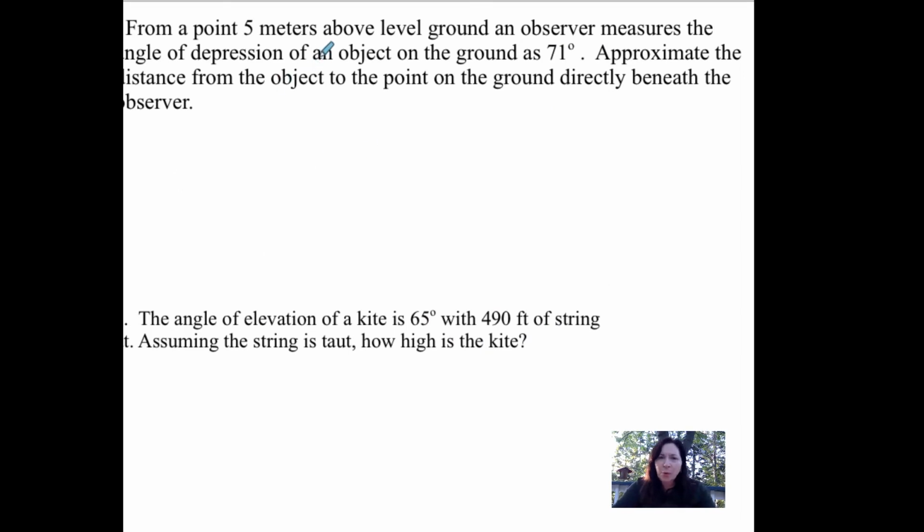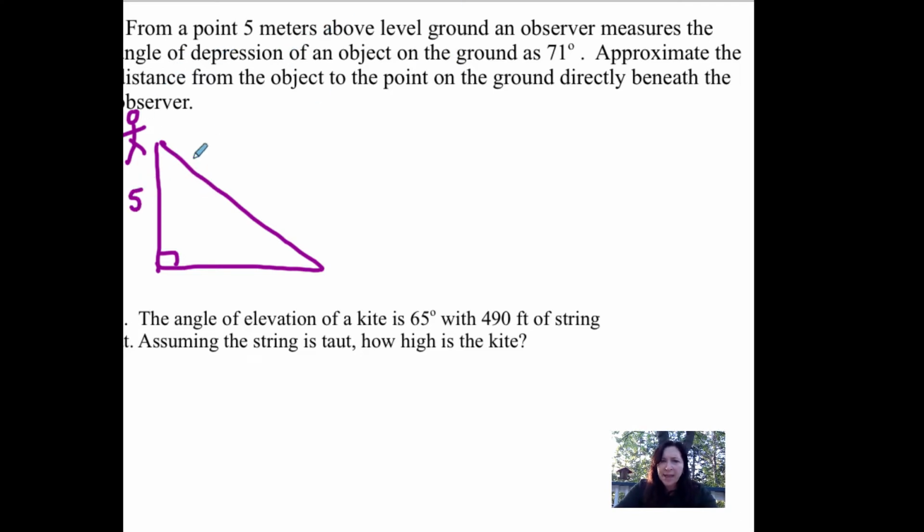This says, from a point 5 meters above level ground, an observer measures the angle of depression. So keep in mind, what we're looking at is a right triangle. Here's your observer, and they're 5 meters above ground. So there's your 5.